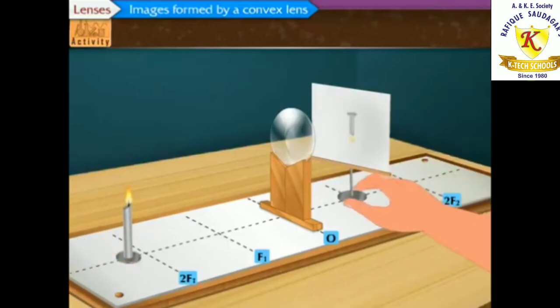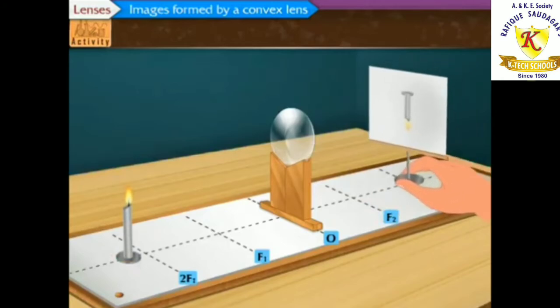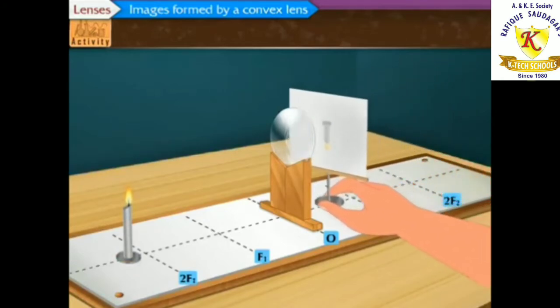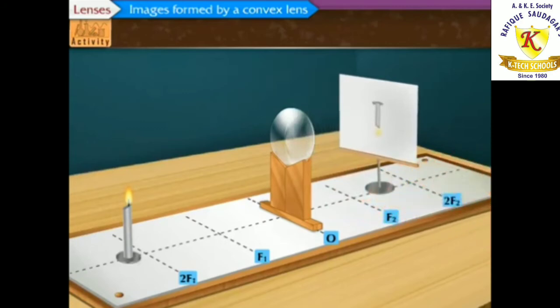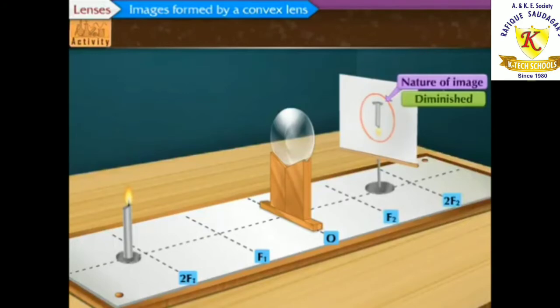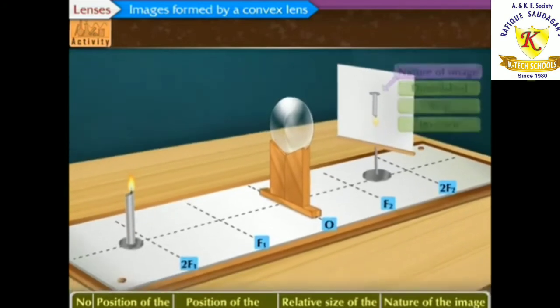Now keep the candle at 2F2 and again move the screen to get a clear image. We get the position of the image between F2 and 2F2. The nature is diminished, real and inverted.